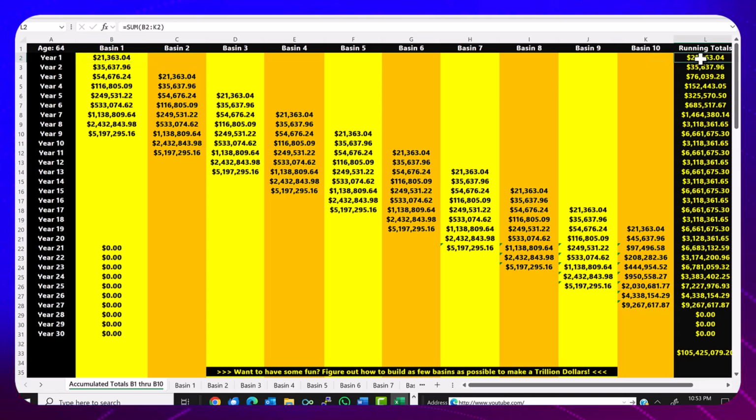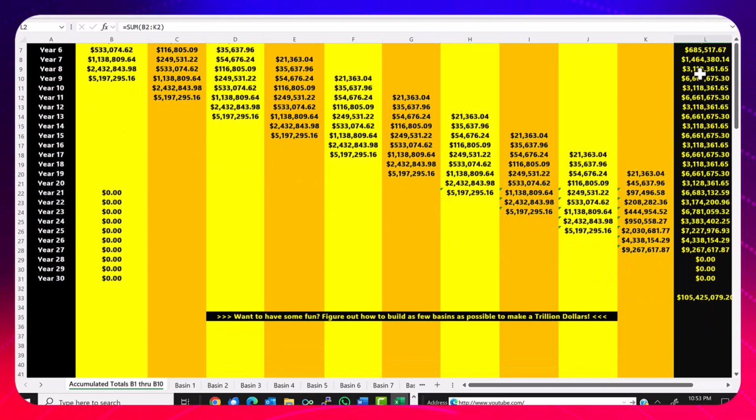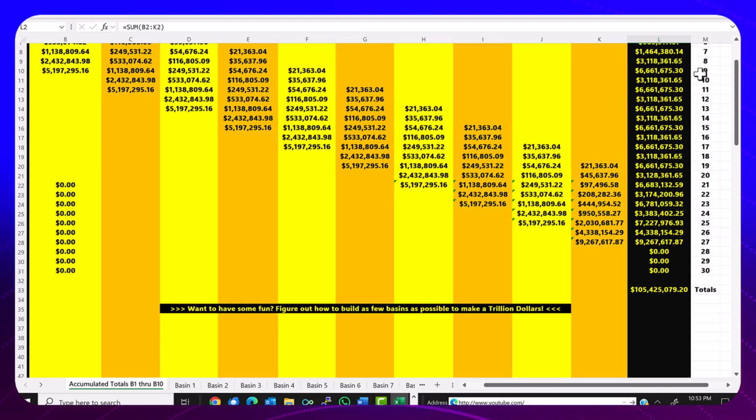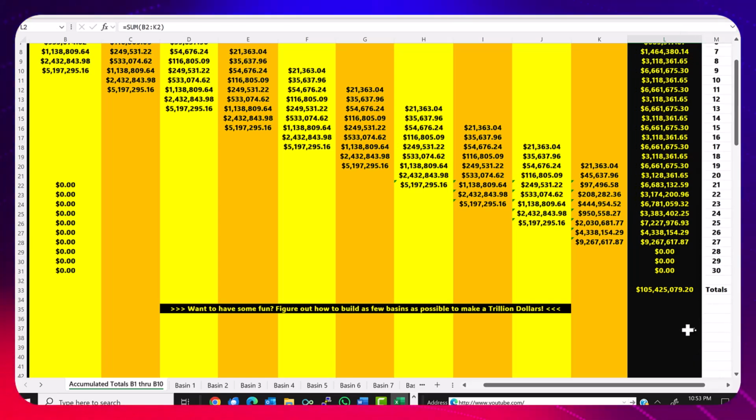And the running totals are over here. You can't total them going down these columns because this is the latest value of it. So this is what you're worth at any given moment. And the total net worth is down here, about 105 million from building these.